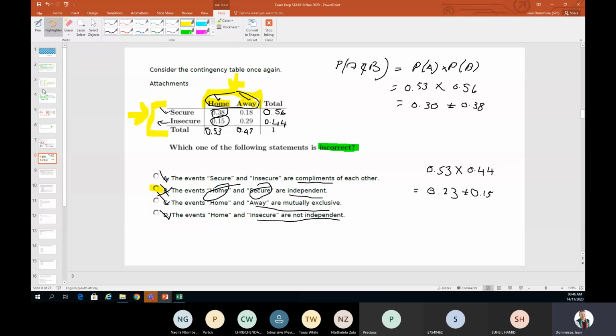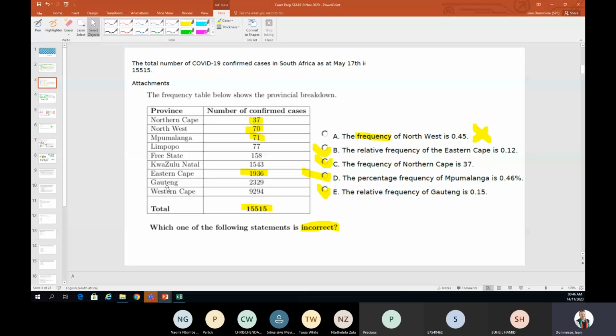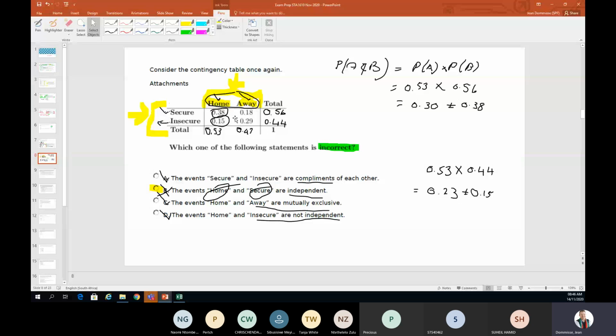If I look back at this, you can't be in Northern Cape and Northwest at the same time. So they are mutually exclusive. That's nearly how you need to look at these tables.